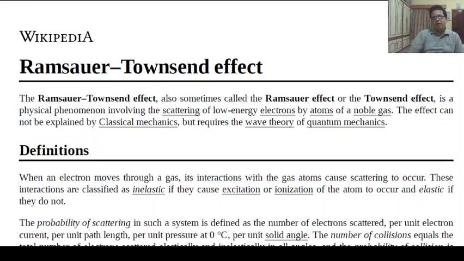So here a very good explanation is given, so I will just explain it. That is also useful for your article on the Ramsauer-Townsend effect.